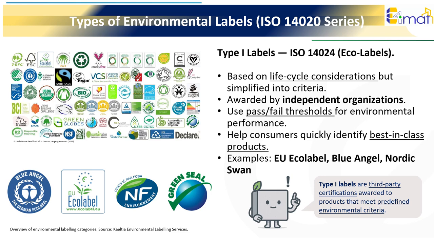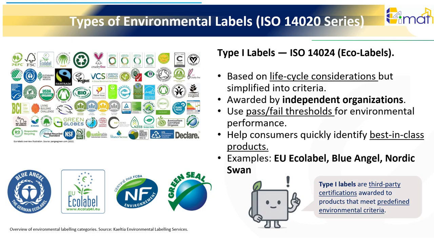Type 1 labels, defined by ISO 14024, are some of the most recognizable eco-labels on the market. In simple terms, Type 1 labels are third-party certifications awarded to products that meet predefined environmental criteria. They follow a checklist or threshold approach. A product either meets the criteria or it doesn't.